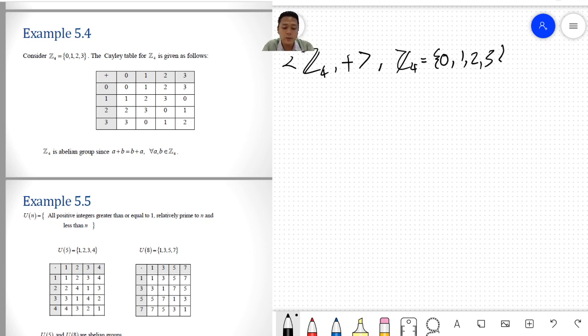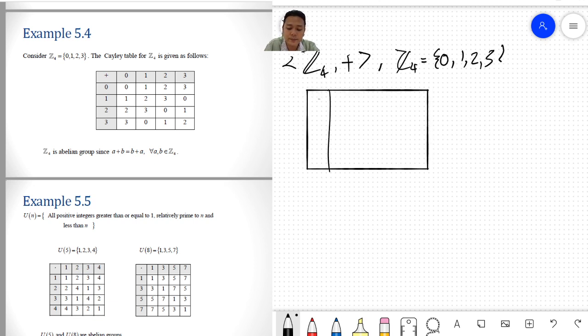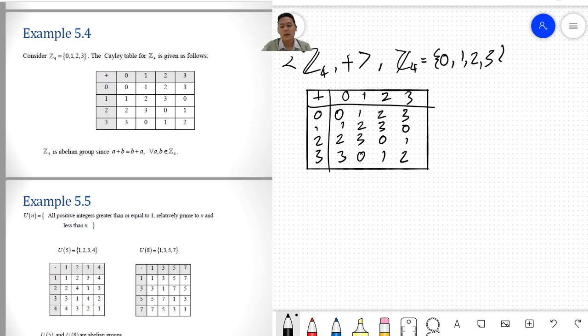And in order to determine whether this Z4 under addition is a group or not, we need to have a Cayley table. There. Now we check the properties one by one.